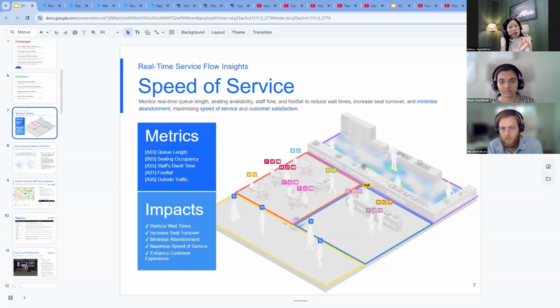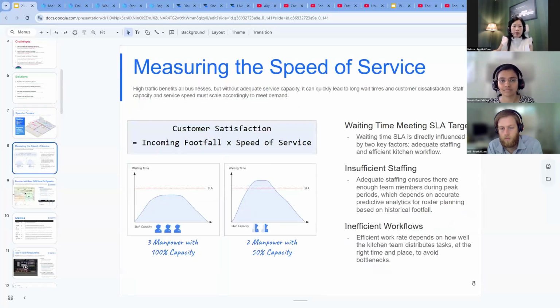So all these real-time signals will help the team stay aligned on the operational priorities throughout the day. And with the right speed of service, we can reduce wait time, minimize customer abandonment, and obviously maintain a consistent service quality.